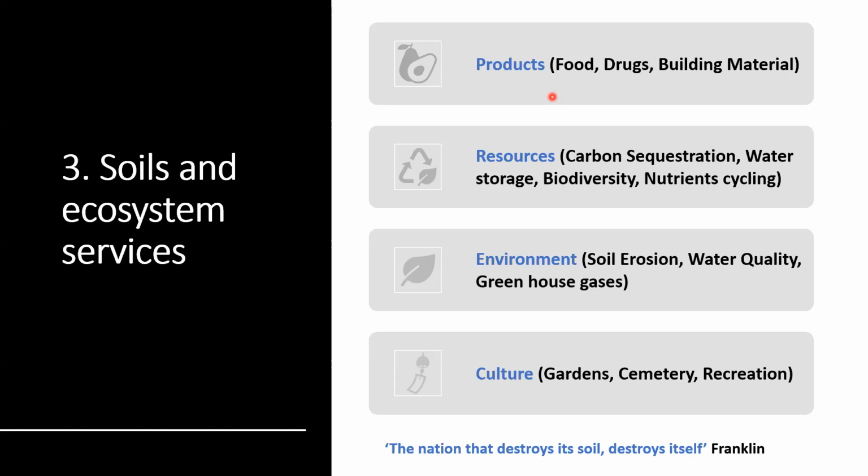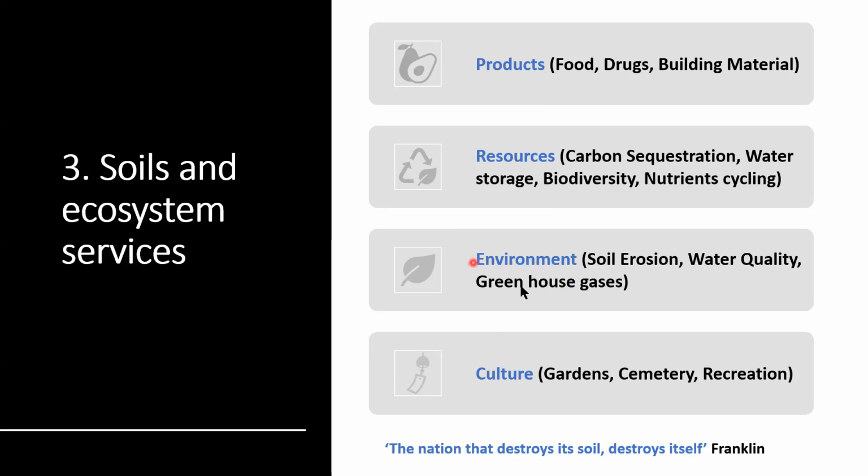Resources: it is the source of carbon, water storage, biodiversity, and nutrient cycling. The soil is the big resource of all these. Then environment: soil erosion, water quality, and greenhouse gas emissions, which are also dependent on the soil.